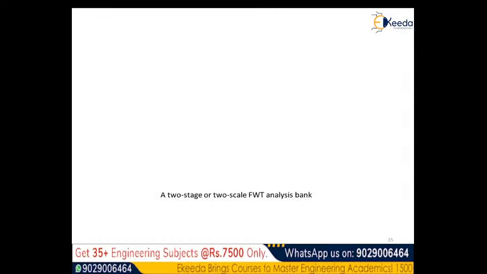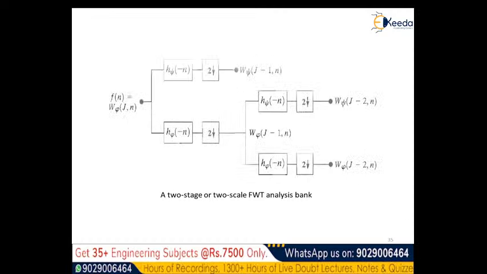So let us visualize a two-stage, or two-scale, FWT analysis bank. In the problem that we addressed at the beginning, it was a three-scale fast wavelet transformation analysis bank. Here we visualize the analysis bank with only two scales.